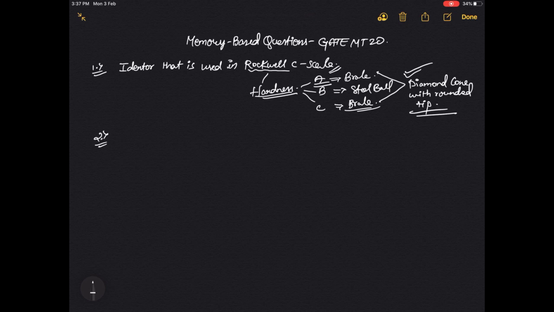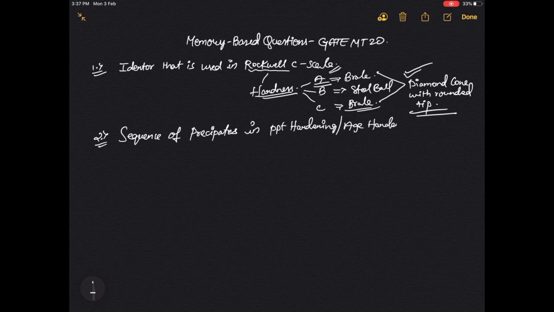The next question that we came across in many previous year papers is the sequence. They ask the sequence of the precipitates, or the sequence of steps in precipitation hardening, or age hardening. I think in 2015 or 16 also you'll get to see this question.